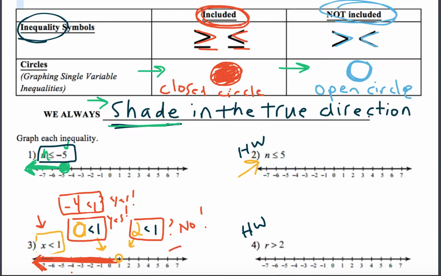All of the numbers on the right side, for example, let's try 6. Is 6 less than 1? No, that is not true. All of the numbers on the right side of this inequality, in the number line here, would make this inequality not true, which is why we do not shade it, because we always shade in the true direction. Try number 4 on your own for homework and be ready to talk about it tomorrow in class.